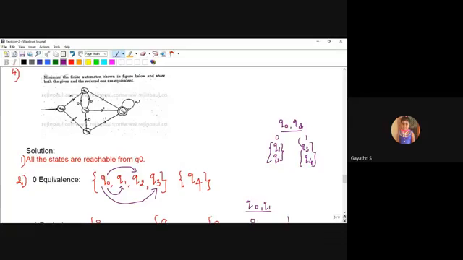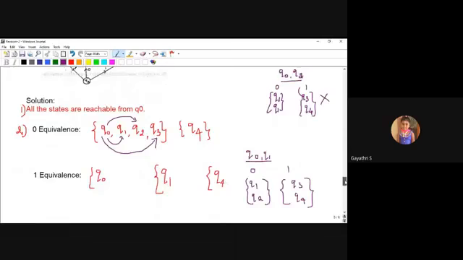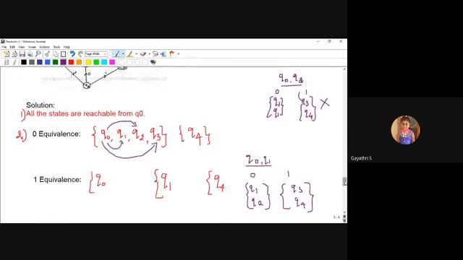What about the second one? The group is separated, because Q3 is in the first group and Q4 is in the second group. So Q2 is separated. I will check Q2 with Q1, because Q1 is already separated, to see whether Q1 and Q2 make the same group or not.